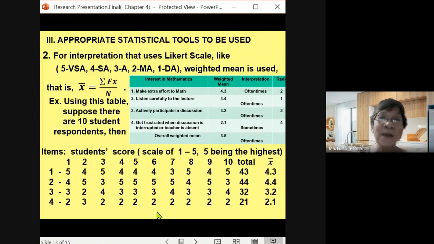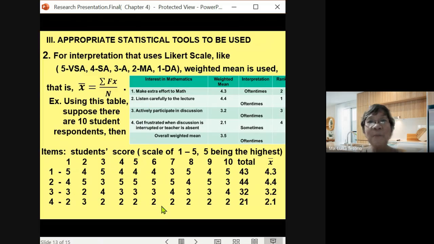You can verify it if you have your calculator with you. Later on, if you will review this presentation, you can find it for yourself. You can verify it for yourself how 3.5 is obtained. Any question?